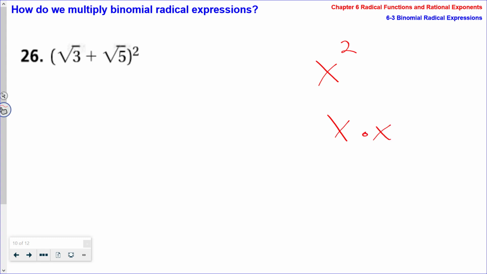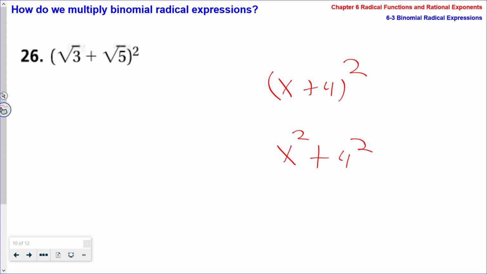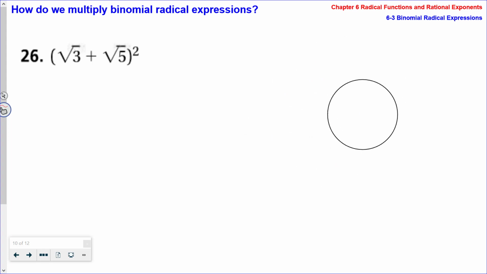Most of the time when we have x plus 4 squared, some students think this is the same as x squared plus 4 squared. Did anyone in here think that's the case? All right, so how do we expand this?